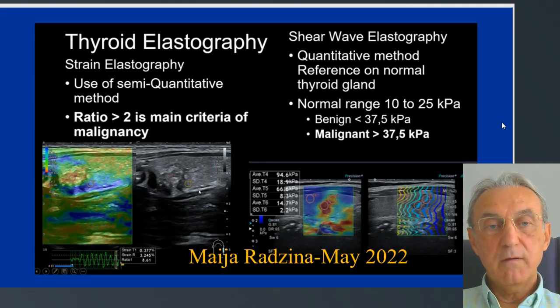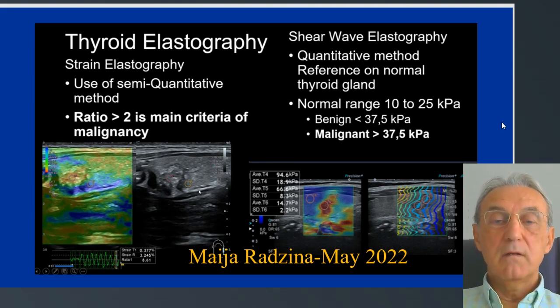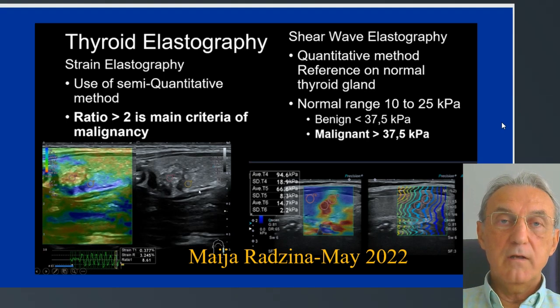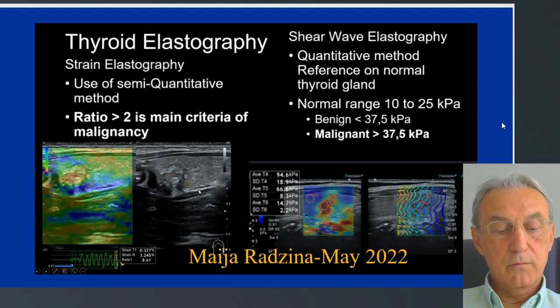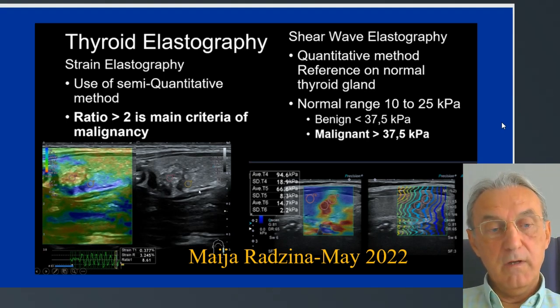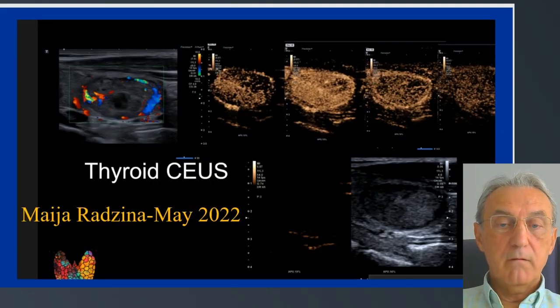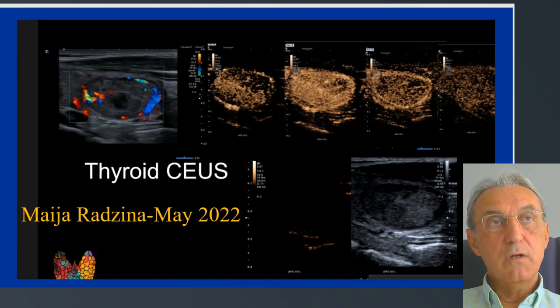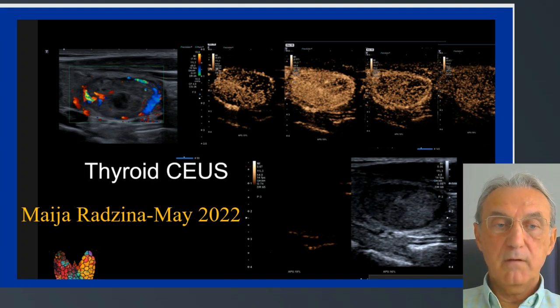But we can say that the elastography findings are in favor of benign findings. And contrast use in thyroid nodules is quite limited, and it's not practiced worldwide, but it can be helpful.